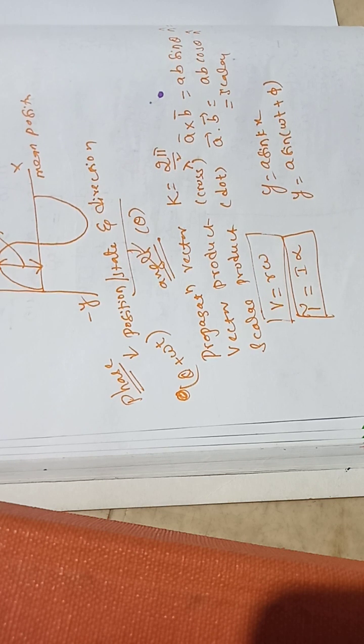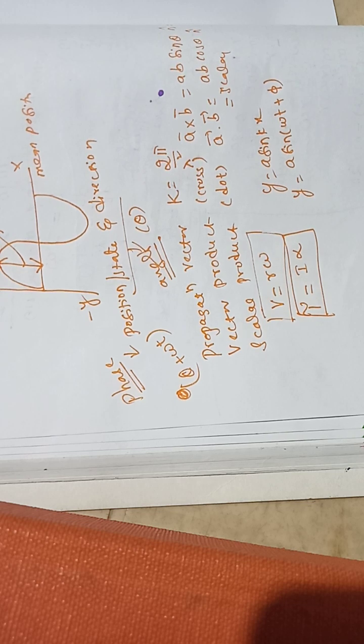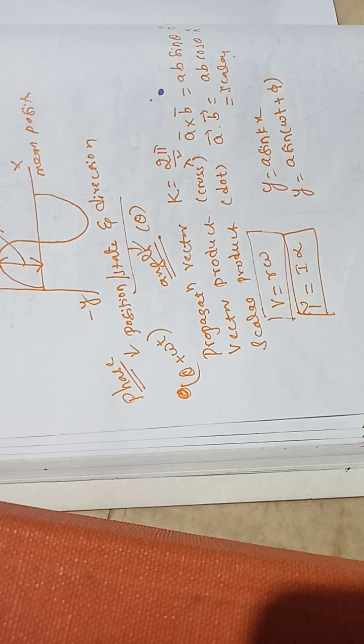Now these are the formulas related to mechanics as well as oscillations. These formulas alone are not enough for the preparation, you need to know more and more formulas. In my next video, let us go for those particular formulas.